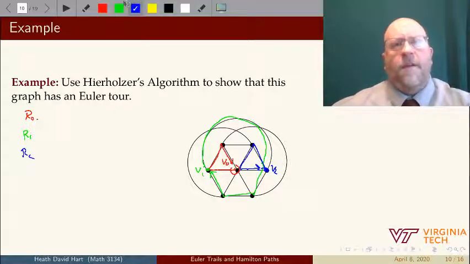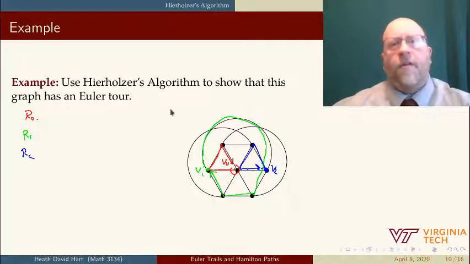So I'm going to pick another color here. Find a vertex that I haven't used yet. Let's call this one V3. And start following along edges until we get back to V3. So we'll go around.